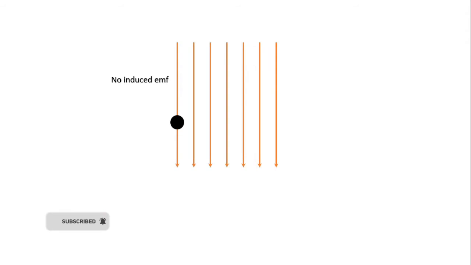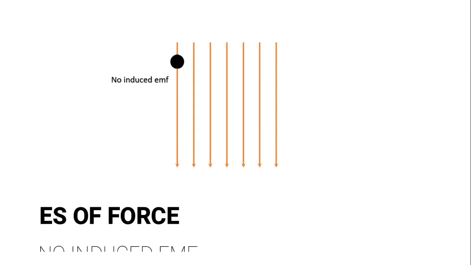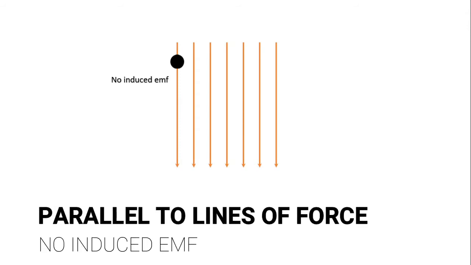This conductor will move upward, but you can see from the diagram that there is no change of flux with this conductor, and hence there is no induced EMF in this conductor. So we can say that when a conductor is moving parallel to the magnetic lines of force, there is no induced EMF in it.